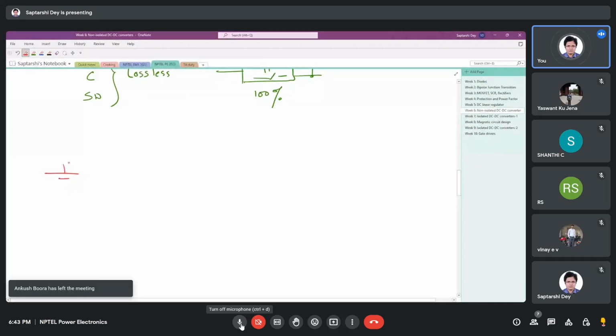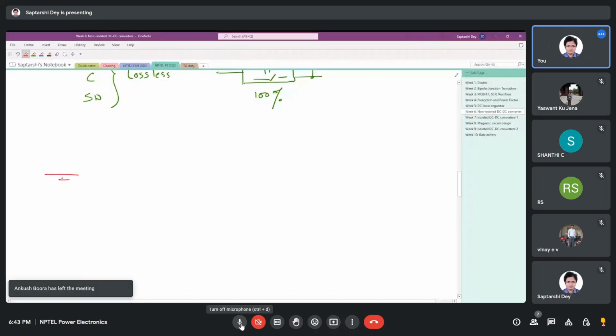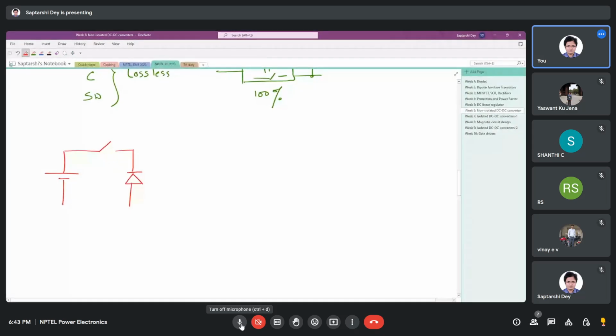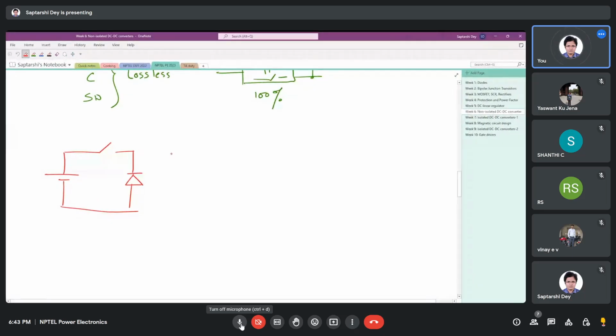Let me draw the buck converter. This is a buck converter.